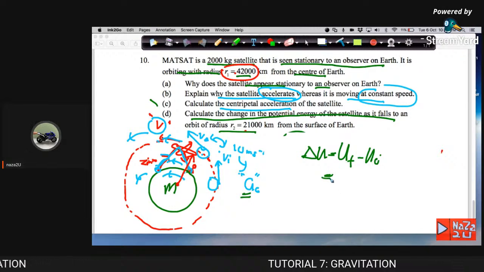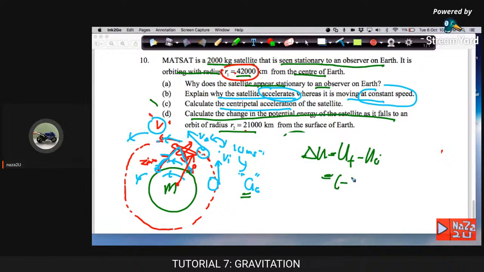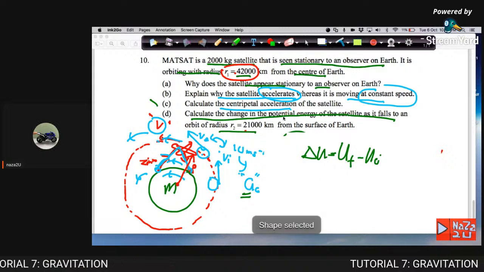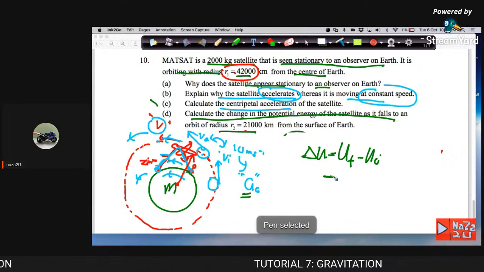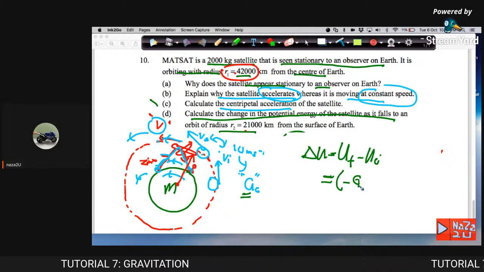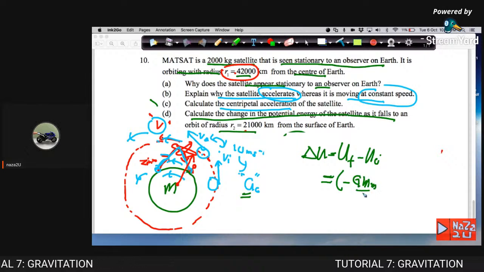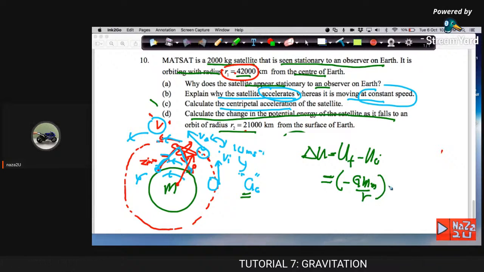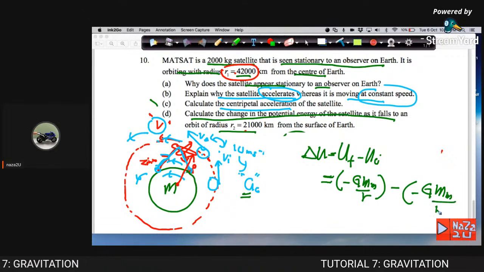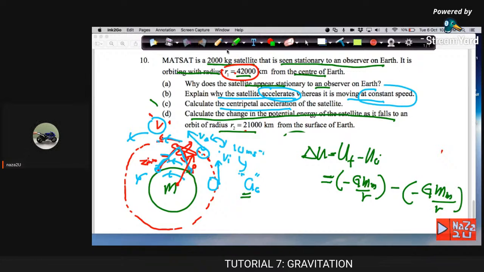So potential energy, we have an equation, negative GMm over r final, minus, minus initial, negative GMm over r initial. So kita gantikan saja nilai yang ada kat sini.